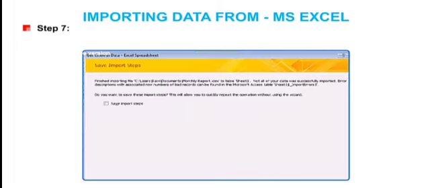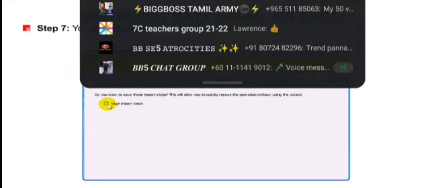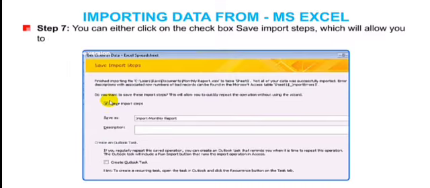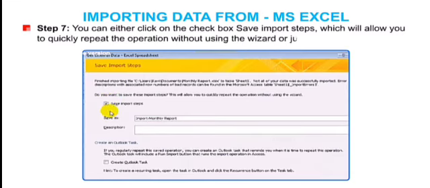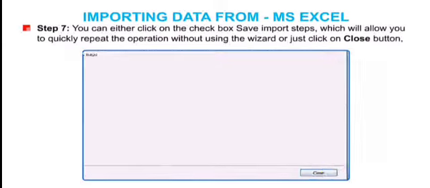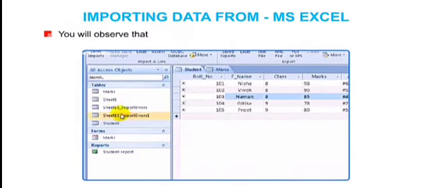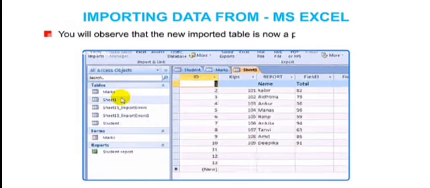Step 7. You can either click on the checkbox Save Import Steps, which will allow you to quickly repeat the operation without using the wizard, or just click on the Close button, which returns you to the database window. You will observe that the new imported table is now a part of your database.